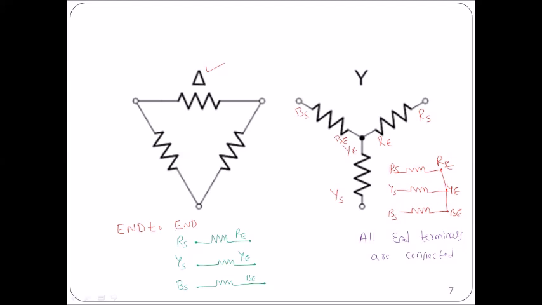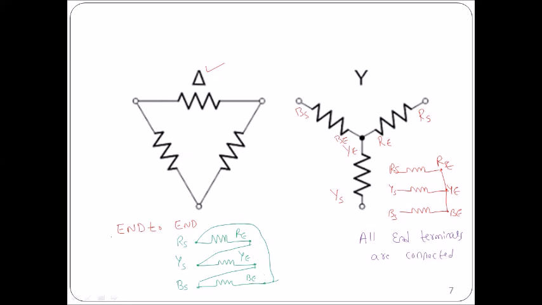The meaning of end-to-end is that the end of one phase is connected to the starting of the next phase, and the end of Y phase is connected to the starting of the next phase. Similarly, the end of the last phase and the starting of the first phase are connected together. This is called the delta connection.